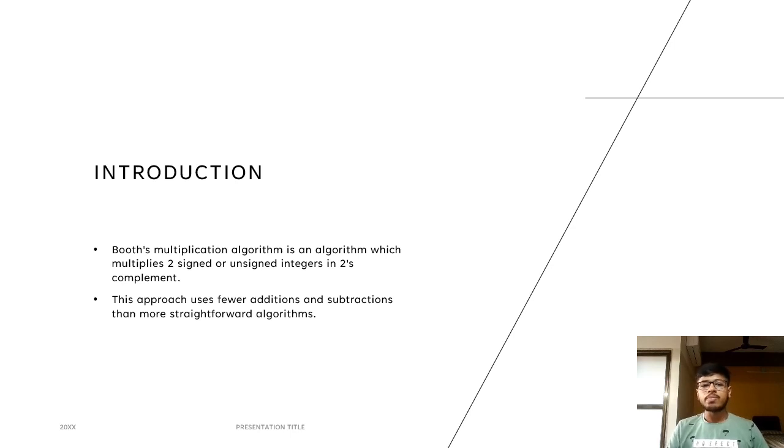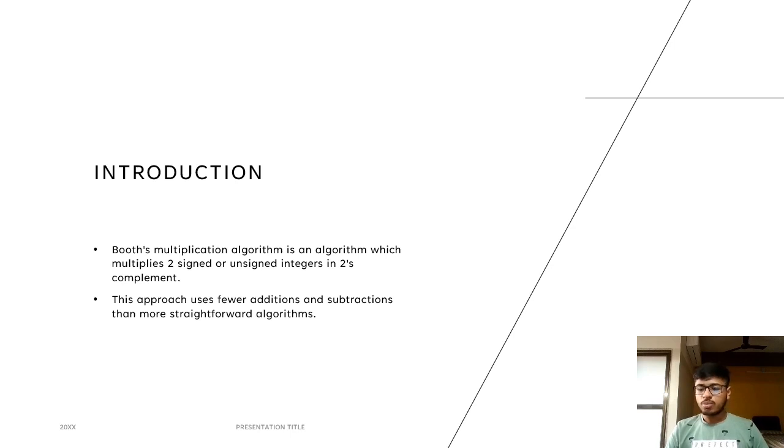This Booth algorithm multiplies two signed integers, and it is done using two's complementing both integers. This algorithm uses fewer additions and subtractions than the standard multiplication algorithm.